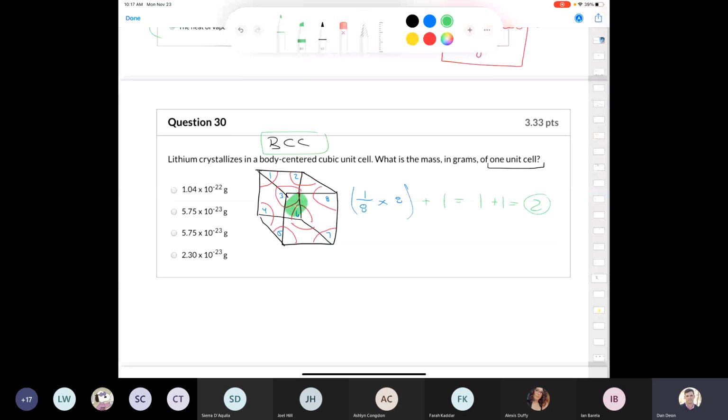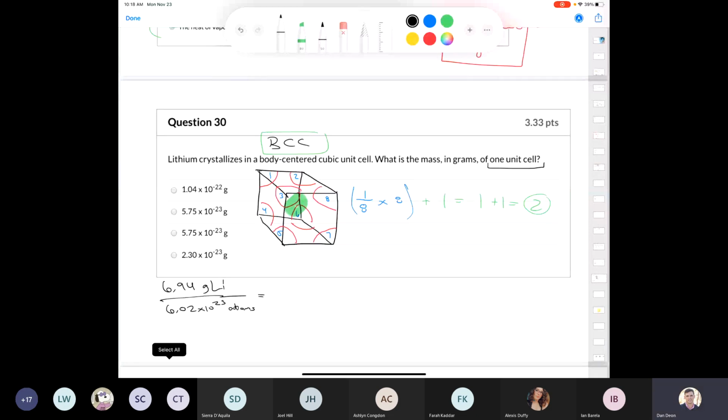Well, if there's 2 lithium atoms, what's the mass of a lithium atom? I know that the molar mass of lithium is 6.94 grams, but in 1 mole of lithium, I have 6.02 times 10 to the 23 atoms.